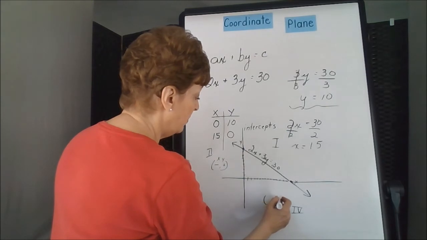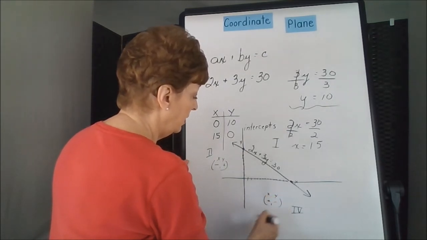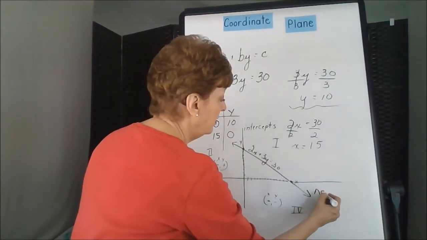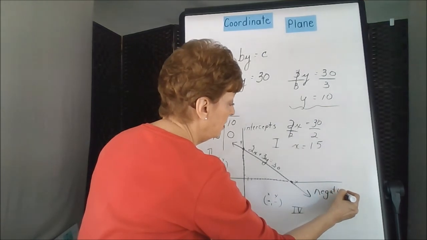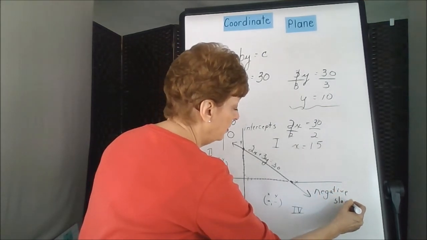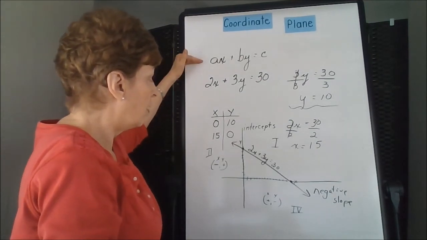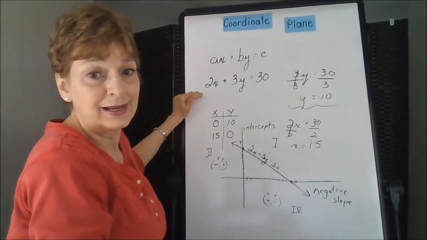And in this case, we have a positive and a negative for our x and y. So those give this a negative slope. Using the standard form with the x and y intercepts.